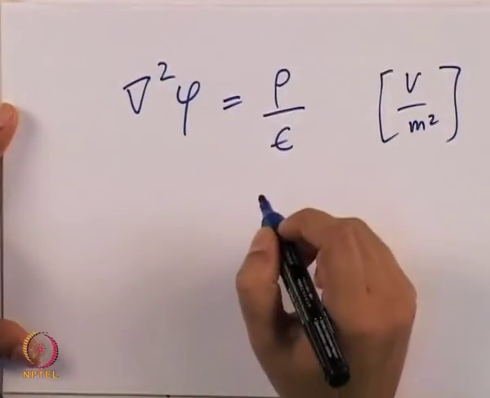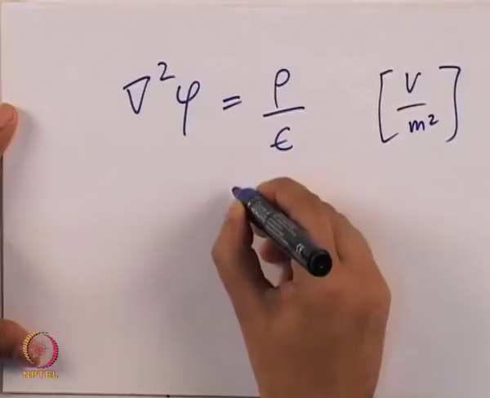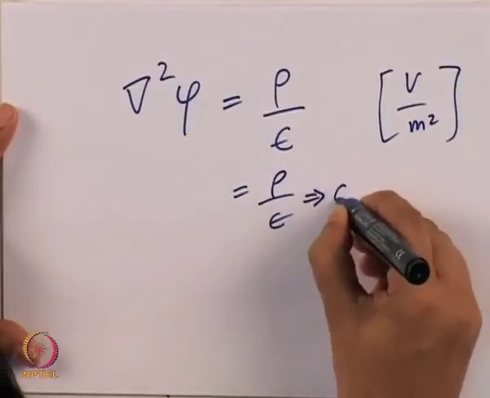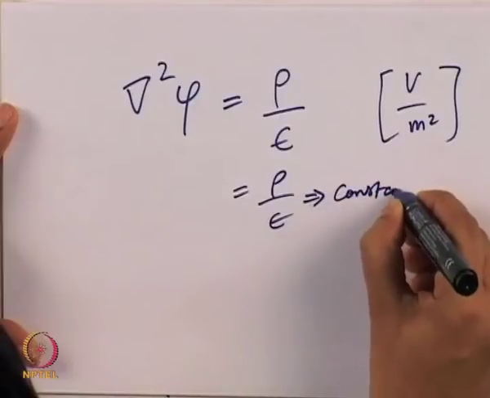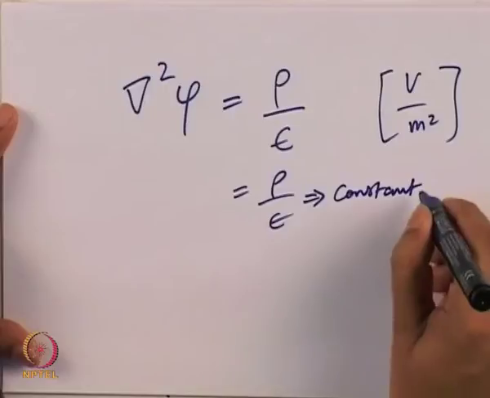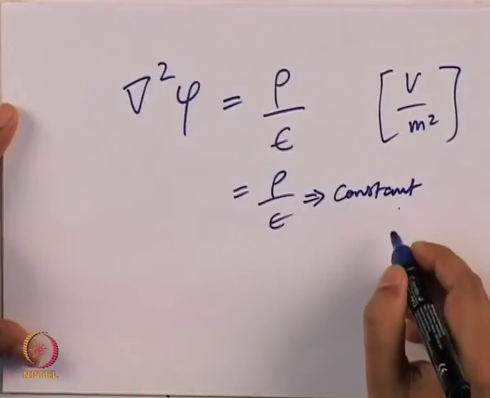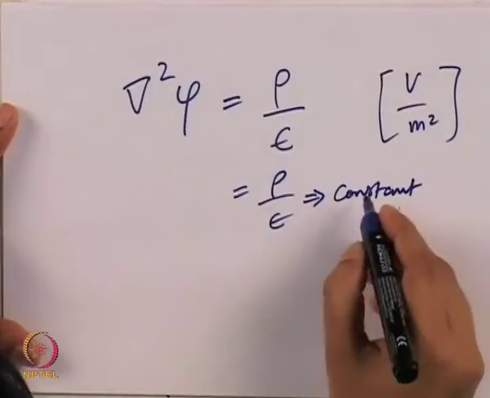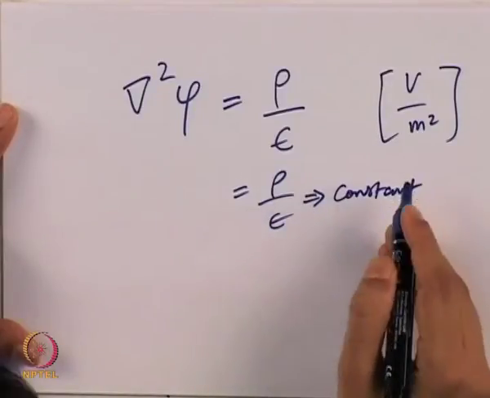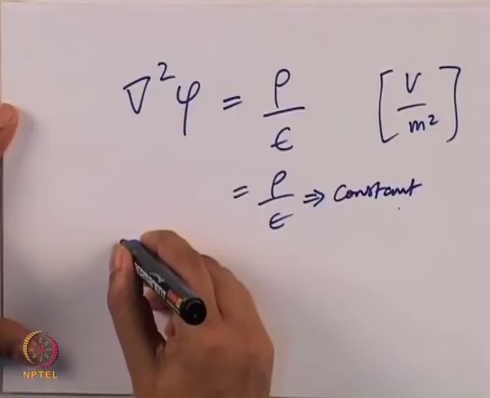If we assume that rho by epsilon is equal to a constant at certain points, we can assign those constants in the domain. It need not be a constant, it can vary across the domain.